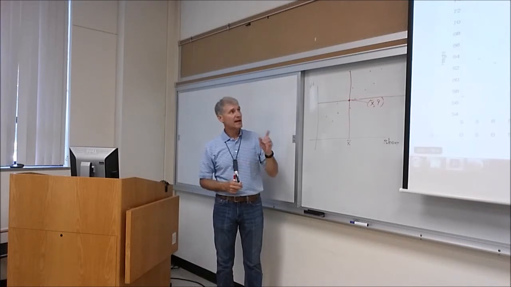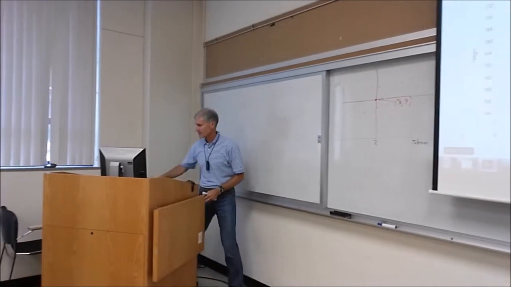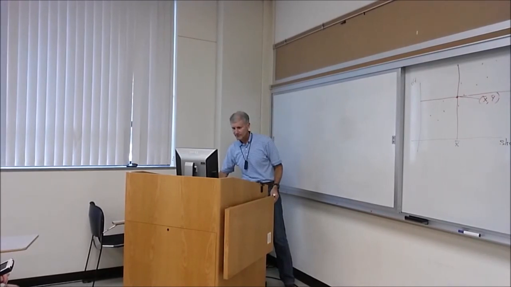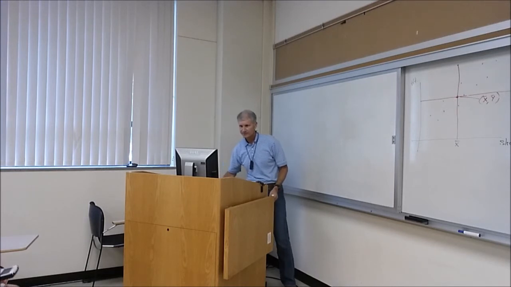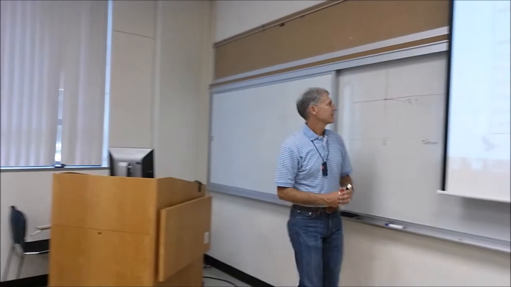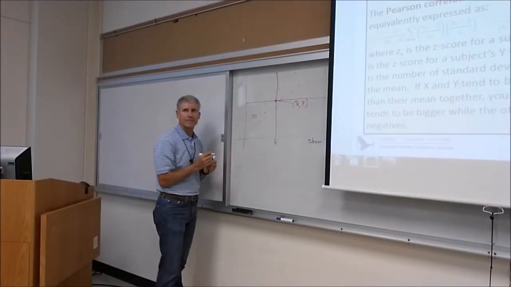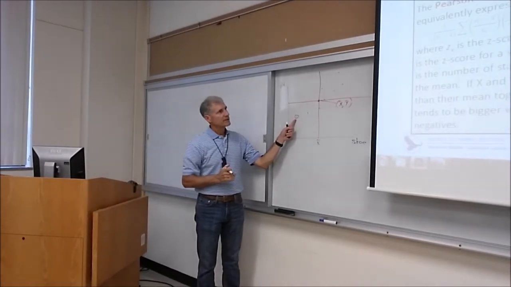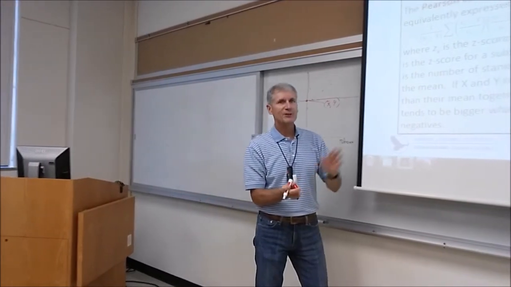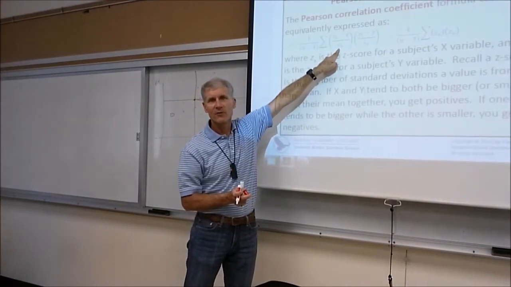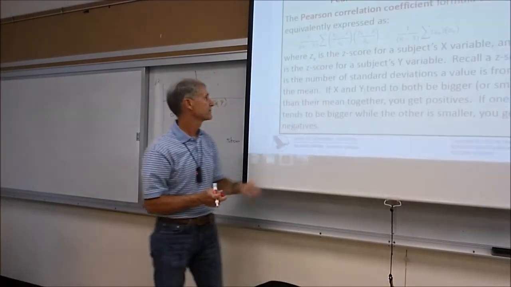Right? Now go back to that formula for correlation. Let's pick a point. Let's pick this point right there. Mentally, give me the z-score for that person's shoe size.